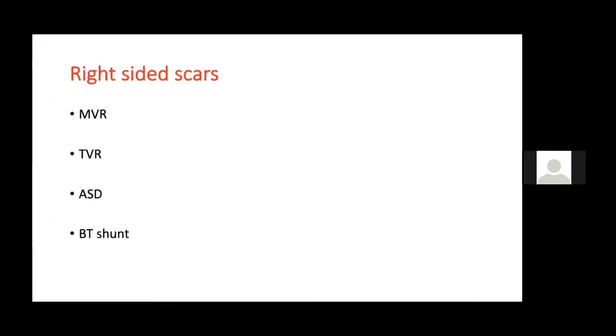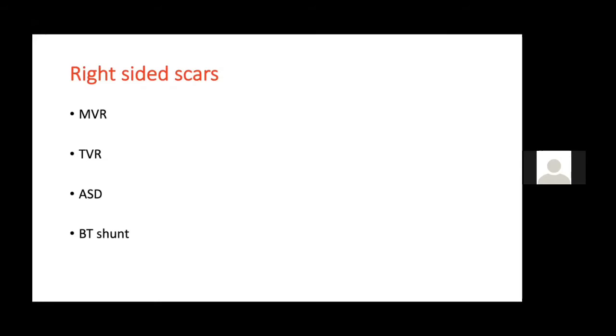The right-sided scars usually are seen in patients who have undergone mitral valve repair or replacement, tricuspid valve repair and replacement, ASD surgical closure, and BT shunt. So the Blalock-Taussig shunt, which was done in the past, is always done on the opposite side of the arch. So normally in a patient with left arch, it is always done through the right side, and that is why it is currently not done.